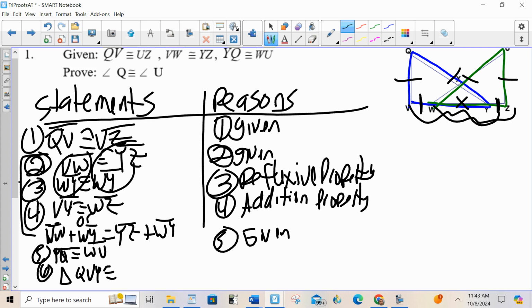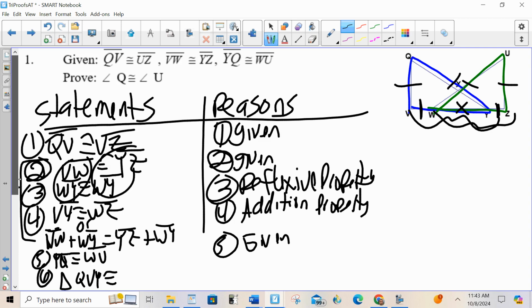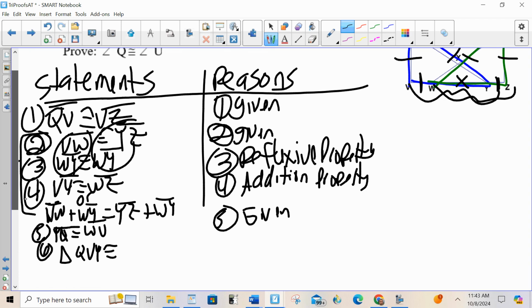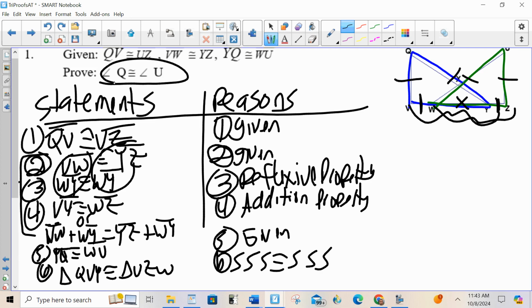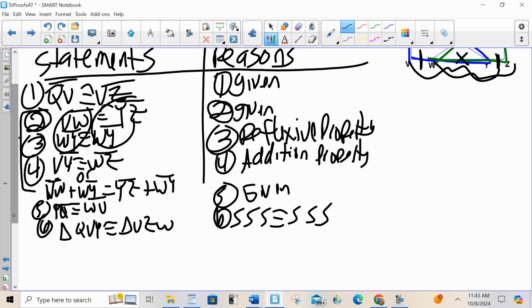QVY is congruent to UZW. I got side, side, side. And now that I have the triangles are congruent, I can see any of the corresponding parts are congruent.